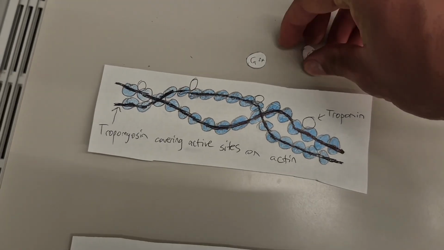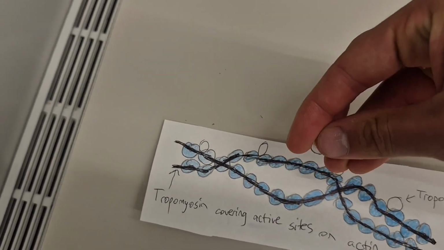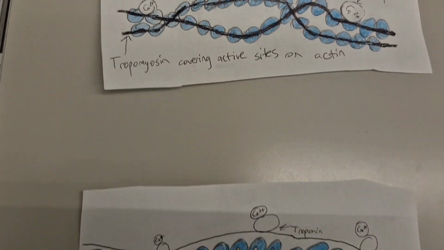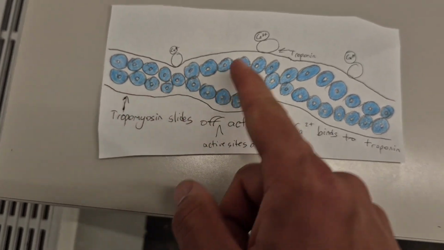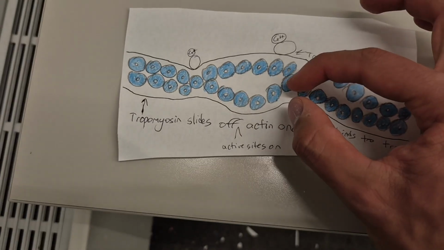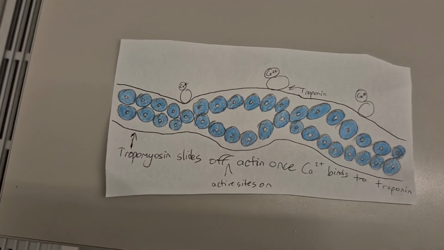We have our calcium ions that are going to bind to troponin, and then once calcium binds to troponin, it is now going to look like this, where the tropomyosin has slid off of the active sites on actin. The active sites are free for myosin heads to bind to them.